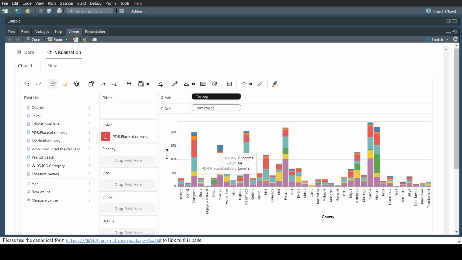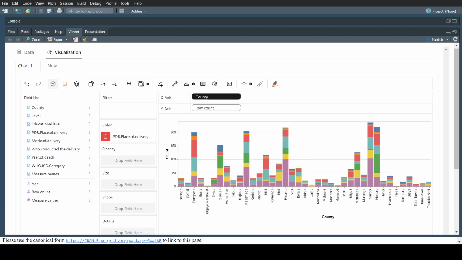The red was a level 3 facility, the greenish blue was a level 4 facility, the jungle green is a level 5 facility, and the yellow is a level 6 facility.